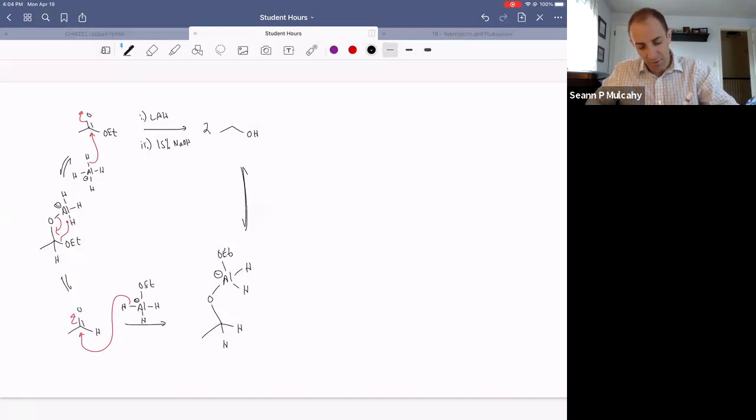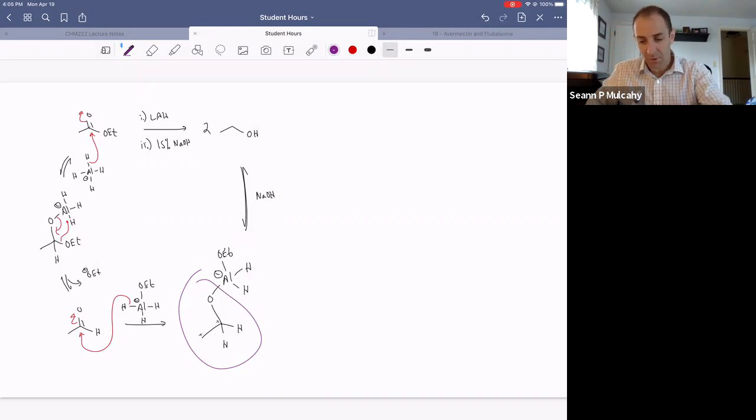And then you work it up with sodium hydroxide, and it basically exchanges to give you ethanol as another byproduct. All right, so the first ethanol came from here, O ethoxide, and this alkoxide here is also ethoxide, a 2-carbon chain.